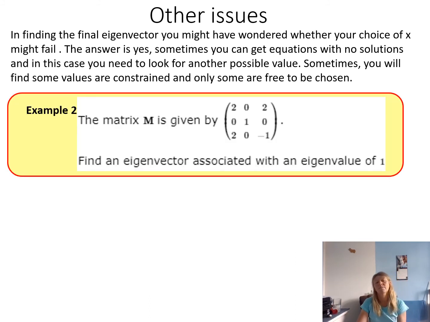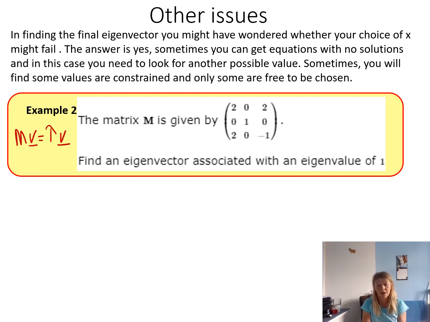Right, let's see. So we've got this matrix here, and we're told to find the eigenvector with associated eigenvalue 1. So we don't need to do the characteristic equation because we're told one of the eigenvalues is 1. So what do we normally have? We normally have Mv equals lambda v.